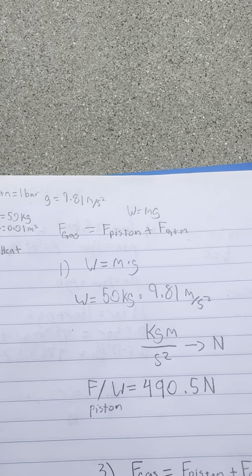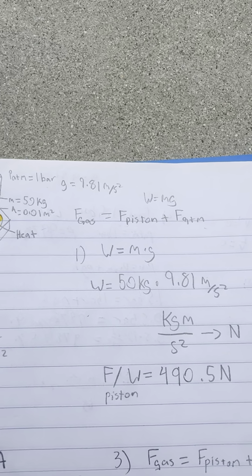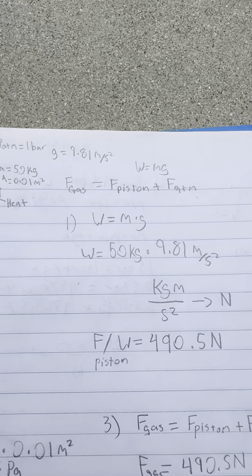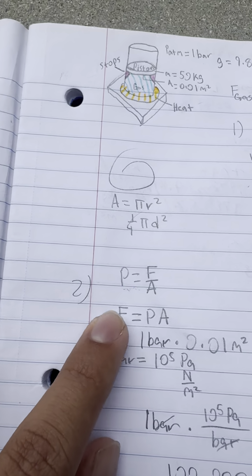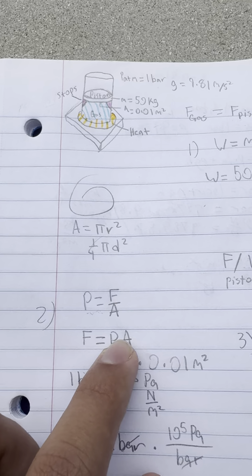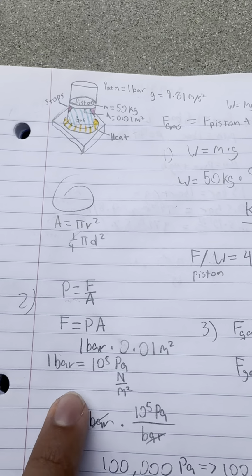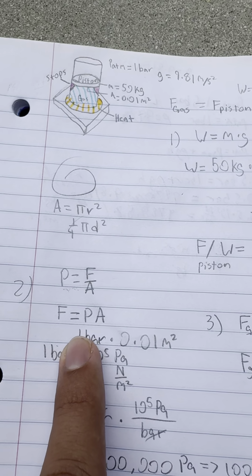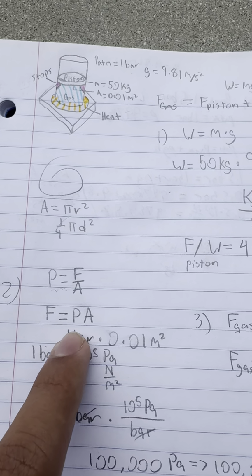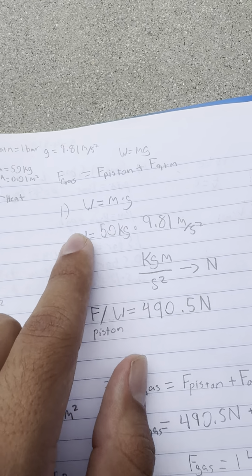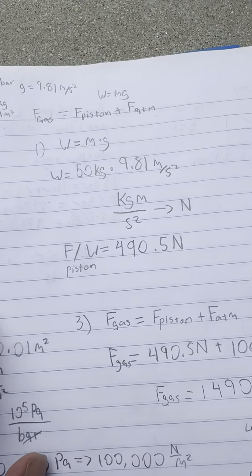And that is how we get our pressure required to lift it in bar. Because pressure is equal to force over area, we just flip that equation, move it around in order to get what we need. So that is what I did in this case.